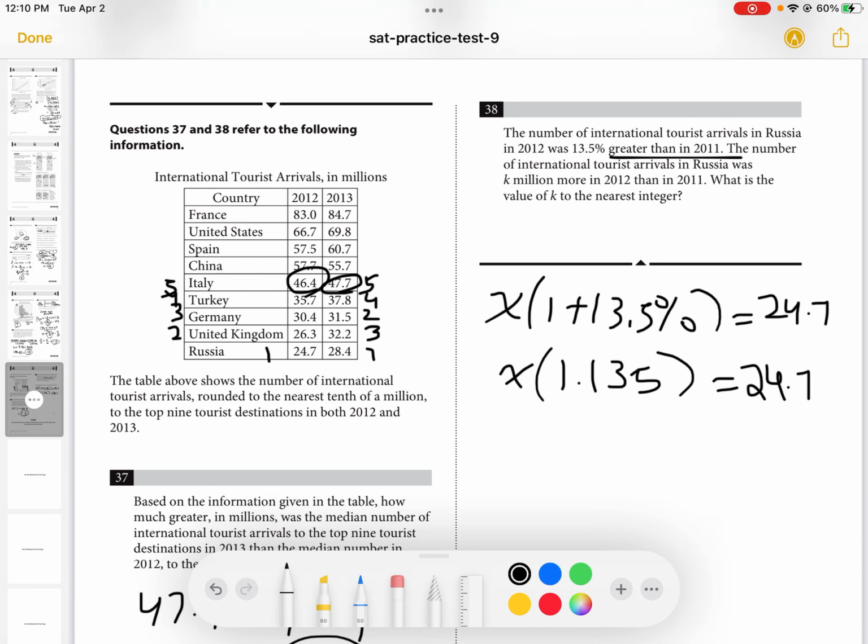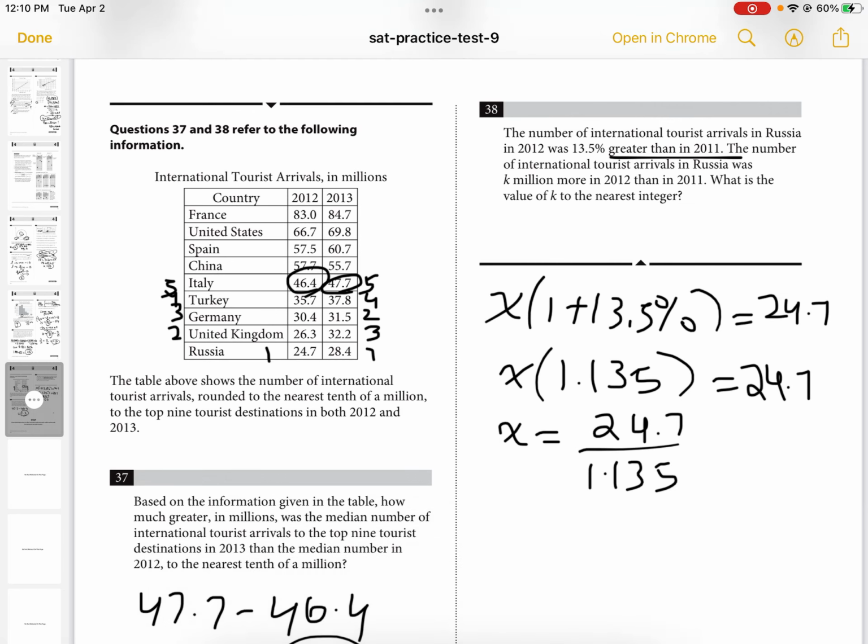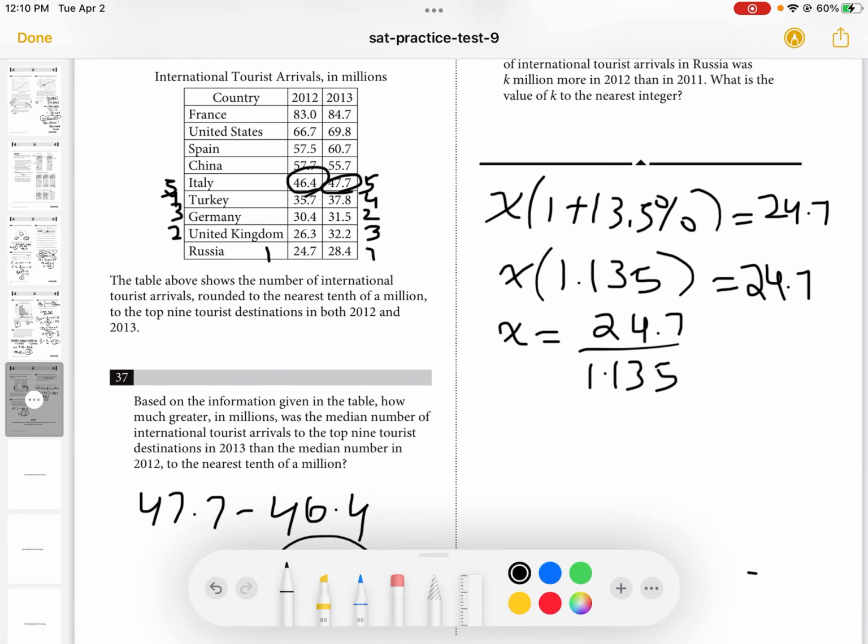So we know that x is equal to 24.7 over 1.135. Now to find k, we need to subtract: 24.7 minus 24.7 divided by 1.135.